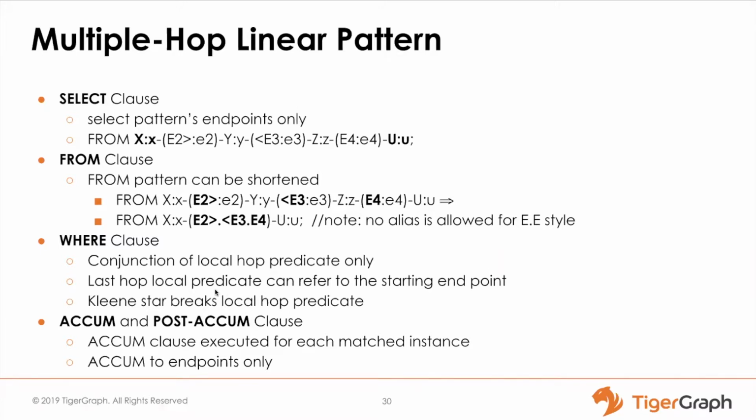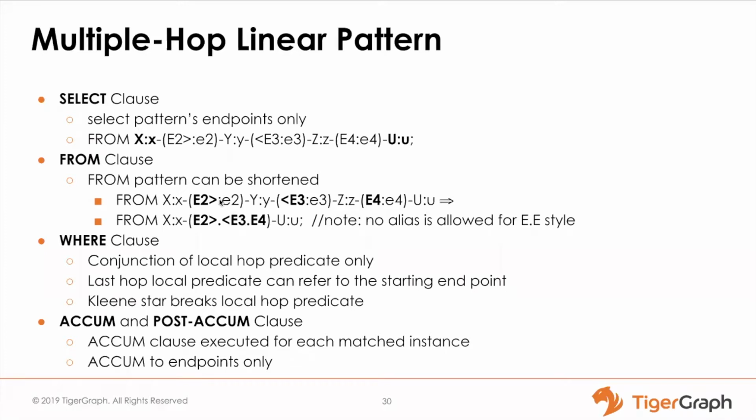And there's a special relaxation. The last hop on the linear path is Z to U. And the last hop can involve the alias of the starting endpoint X. So the last hop predicate could involve X, Z, E4, and U. And clean star cannot.